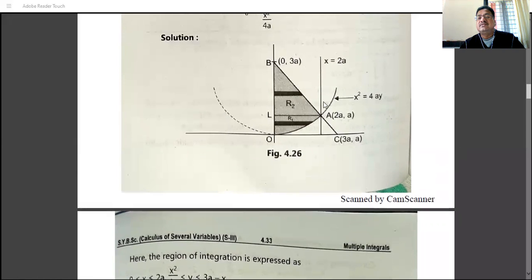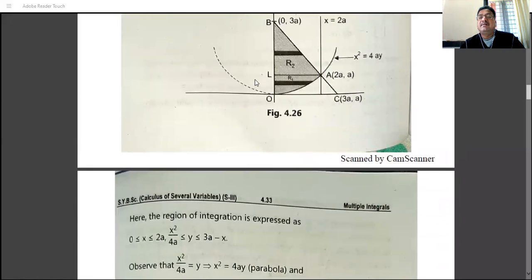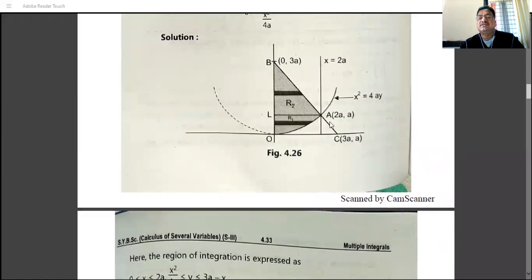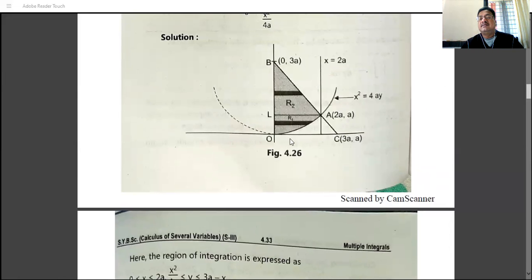In this line x is equal to 2a, this upper limit is the straight line parallel to y-axis at a distance 2a. And this point, the point of contact of this straight line and this parabola is (2a, a), means this line passes through this point of intersection of this straight line and parabola.